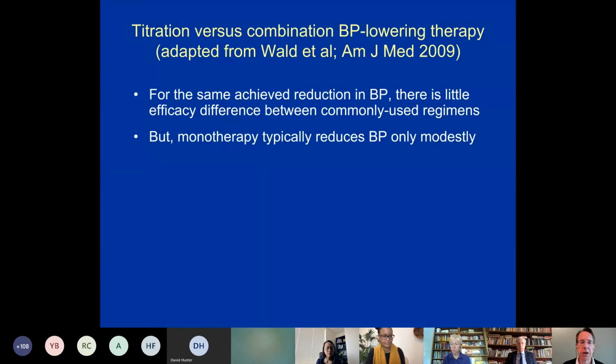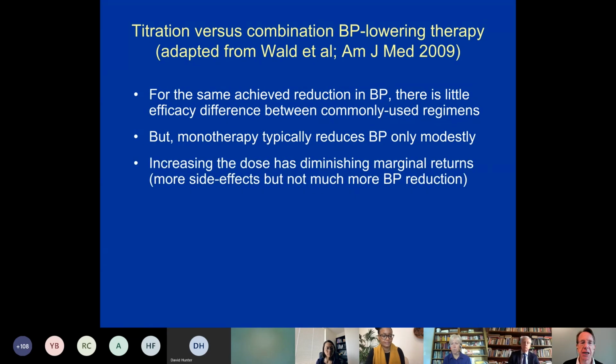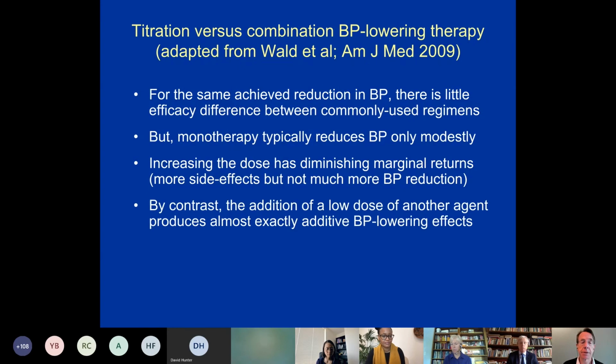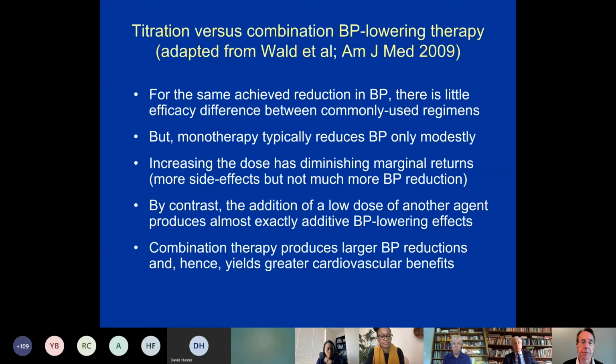But Wald et al. also pointed out that monotherapy typically reduces blood pressure only modestly, that increasing the dose of a particular agent has diminishing marginal returns, but it does increase the side effects. And that by contrast, the addition of another agent, a low dose of another agent, produces almost exactly additive blood pressure lowering effects.